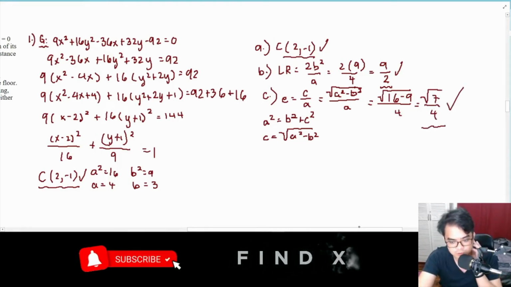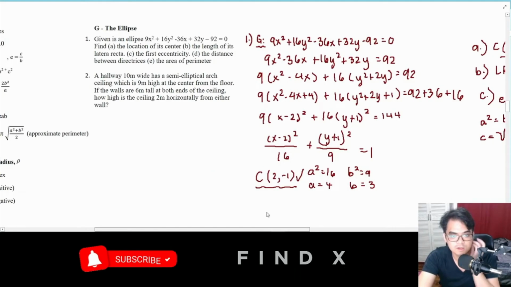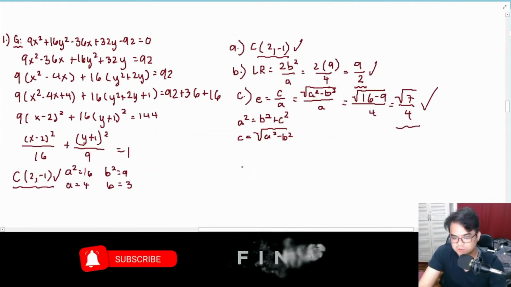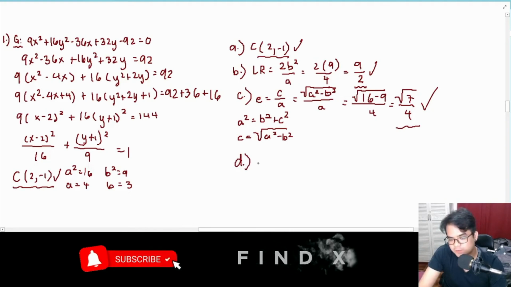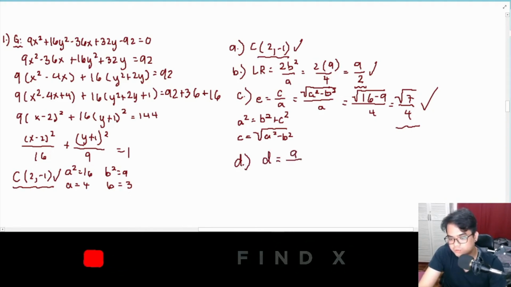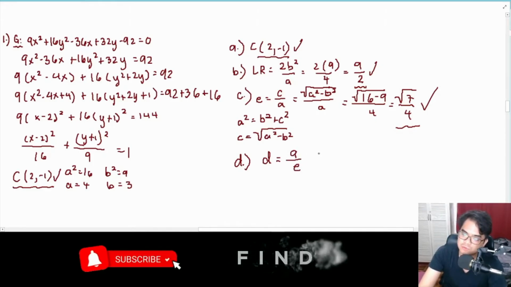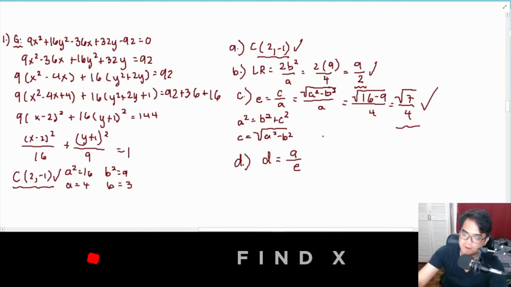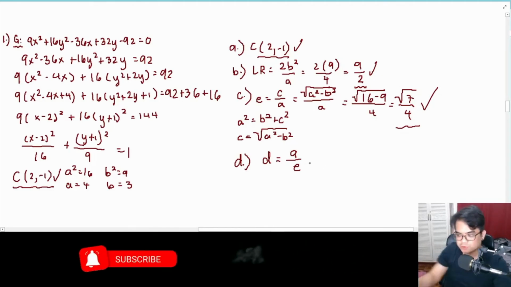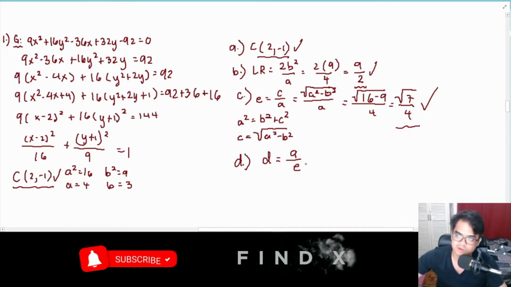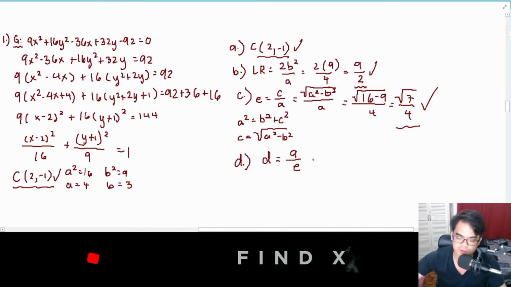Are there any more questions with this? Yeah, D is the distance between directrices. Remember that if you find d is equal to a over e, this is the distance from the center to one directrix. So if you want to find the distance between the two directrices, all you have to do is multiply this by 2.